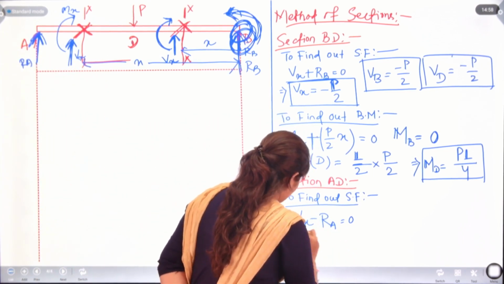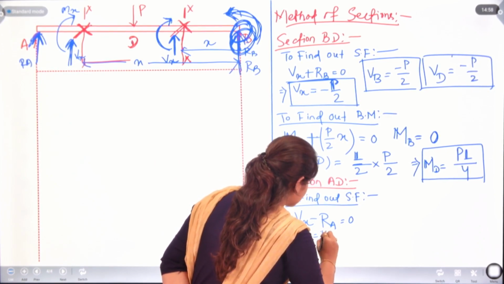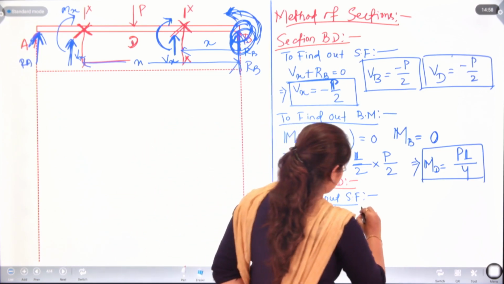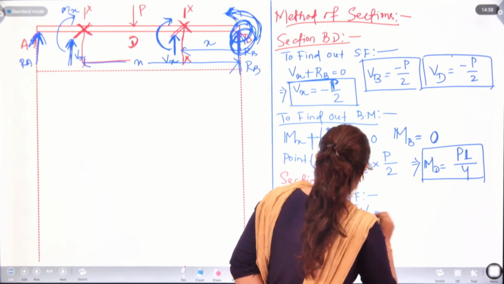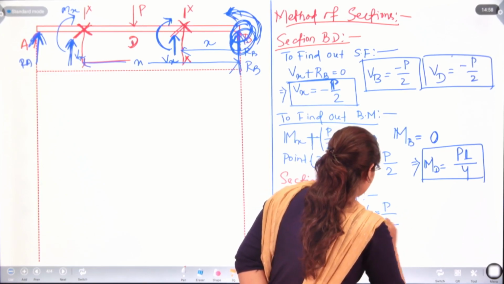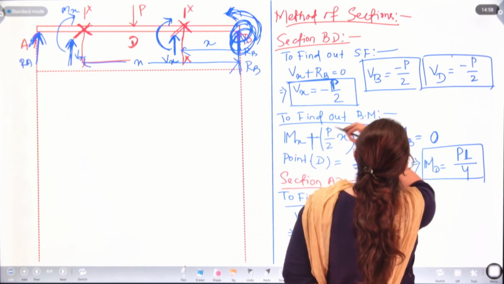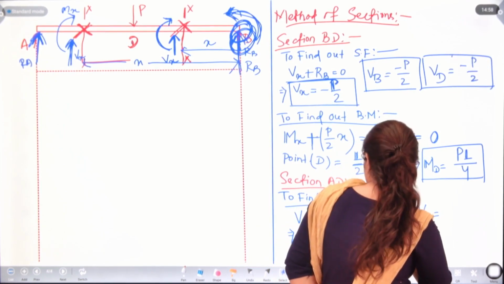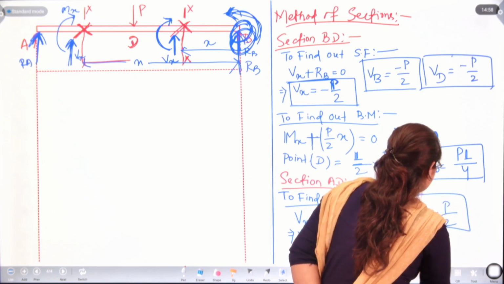So here we will have Vx as Ra. That means we are having V at A as P by 2, and at point D, section AD we are finding out, VD will be P by 2.